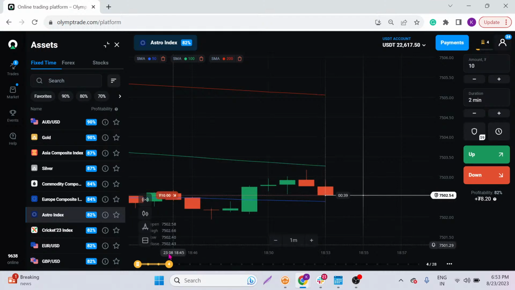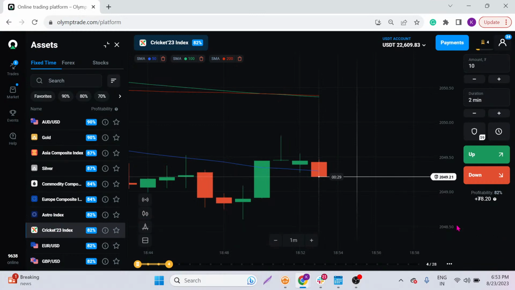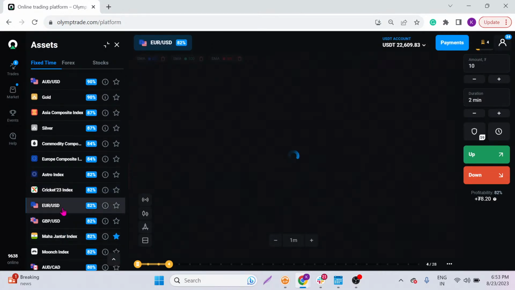It's showing a downward signal. Let's make a trade downward and let's see how this goes. Let's shift to another asset. Again, here there is a crossover and it is showing a downward trend, so we can make a trade in the downward direction. Let this candle end and we might come back to this.